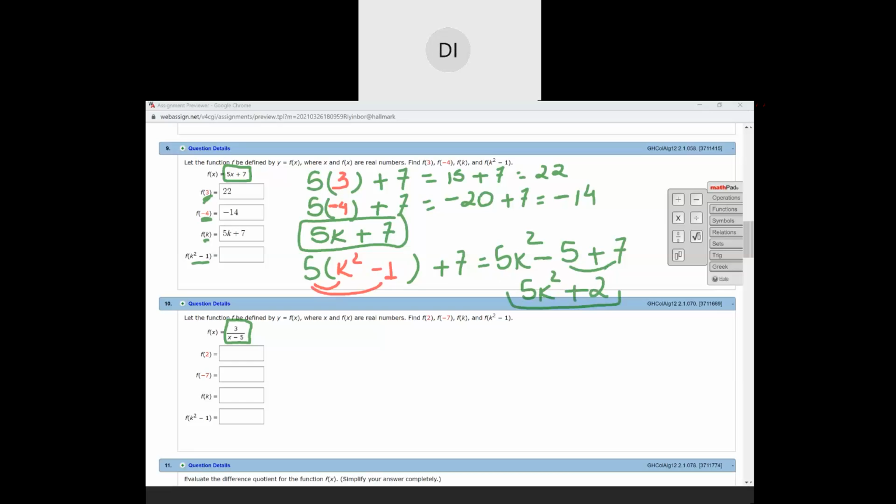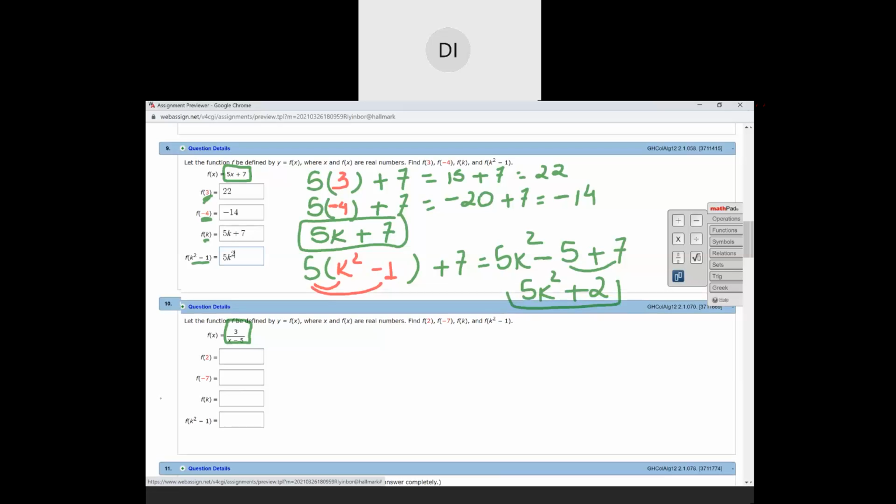Good. That's it. And now when you enter this answer, you're just going to do 5k, and then you're going to press the button for the square in the operations. You're going to put square, and then you need to get out of the exponent, and then you do plus 2. Okay? So that's how you enter the answer for this one.